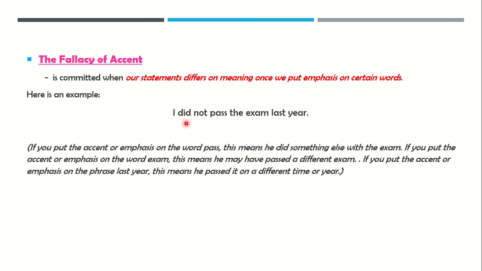I'm not really sure, class, if I put my accent correctly. Let's try. So here the emphasis is on exam. I did not pass the exam last year. Okay, so this means he may have passed a different exam.